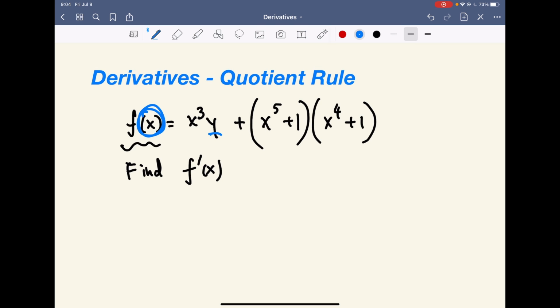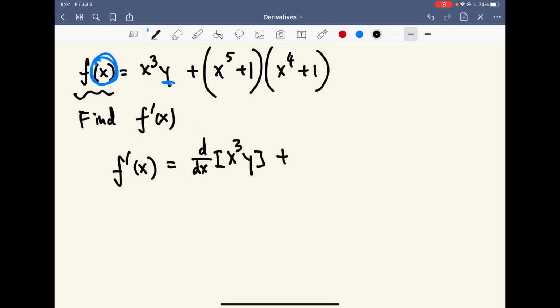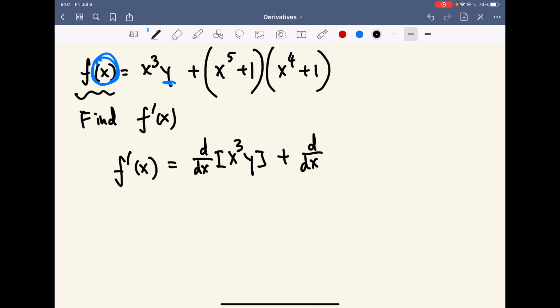If we have a y over here, then we can just use the constant multiple rule. So f prime of x is just equal to the derivative of x cubed y plus the derivative of this thing.